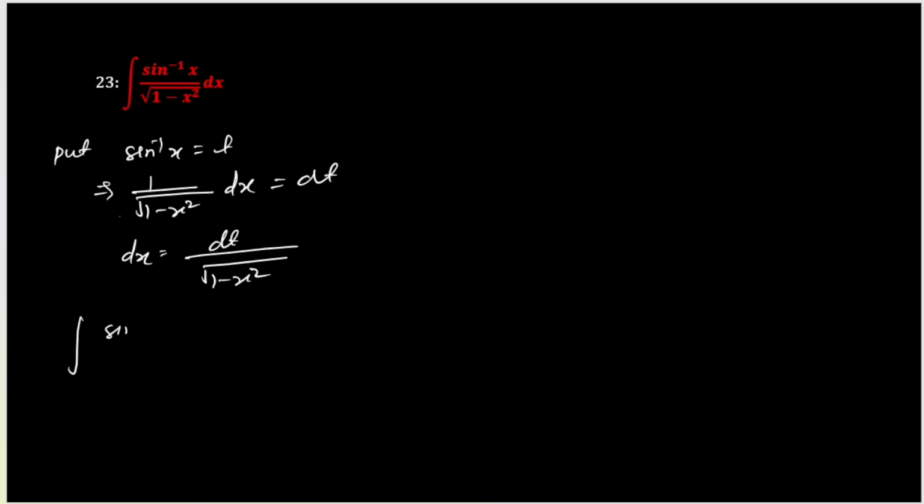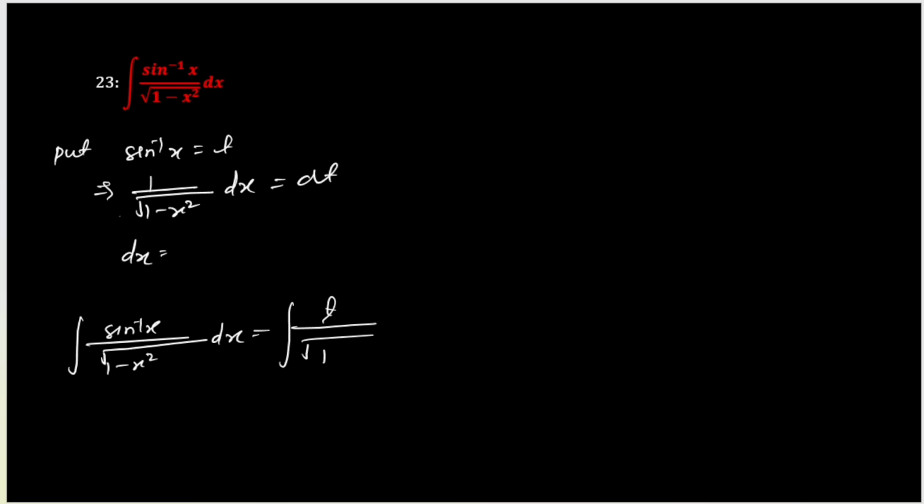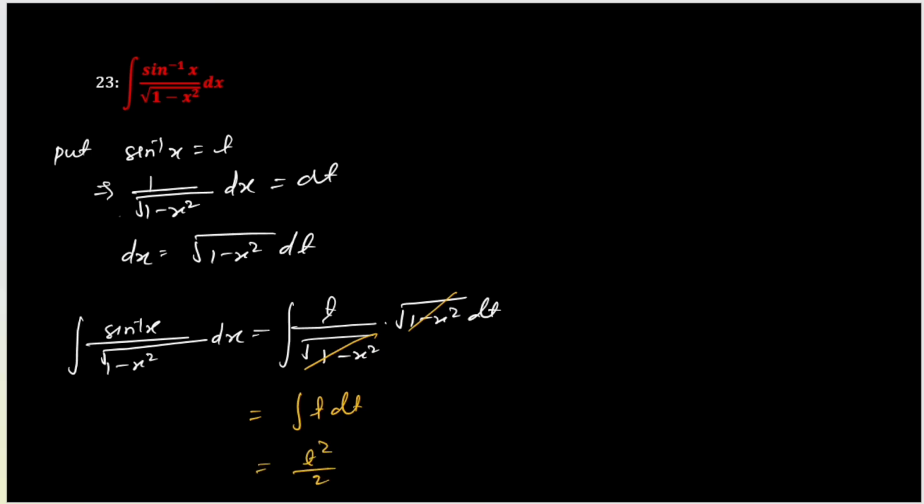Therefore the given integral becomes sin inverse x by root under 1 minus x square dx, with sin inverse x equal to t, and this equals the integration of t dt, equal to t square by 2 plus c, because the integration of t power n dt is equal to t power n plus 1 by n plus 1.